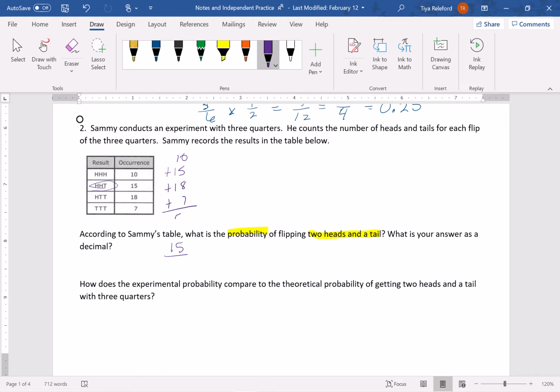I think it's 50. I might be wrong. Now, to turn that into a decimal, it's top in, bottom out.